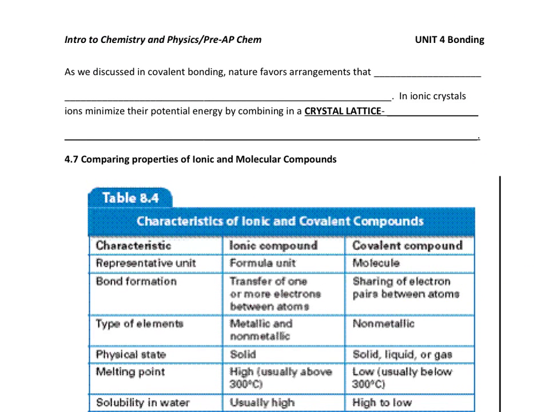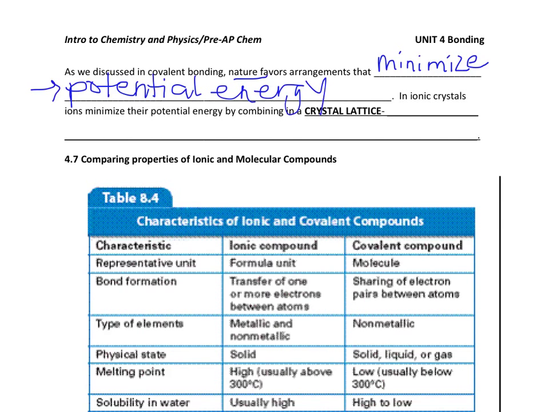And as we have discussed over and over in this unit, nature favors arrangements that minimize potential energy. As I've said, they want to be lazy. They want to have the lowest energy possible, the lowest potential energy.